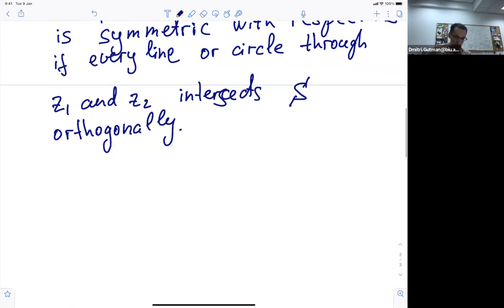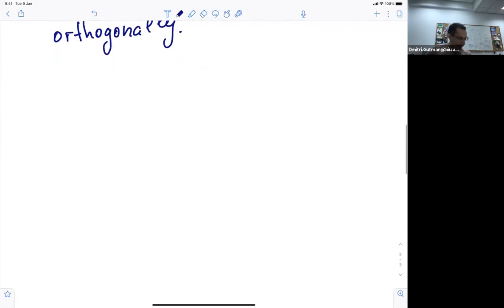So like I said, we put lines and circles on the same footing. And by now, it should not be surprising because we know that this is exactly what Möbius transformations, or as we call them alternatively, fractional linear transformations, do. So we know that a Möbius transformation maps between lines and circles.